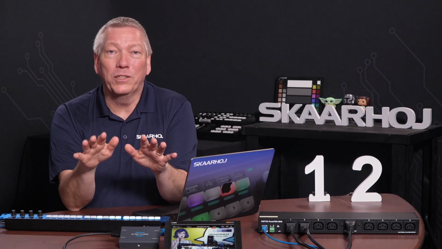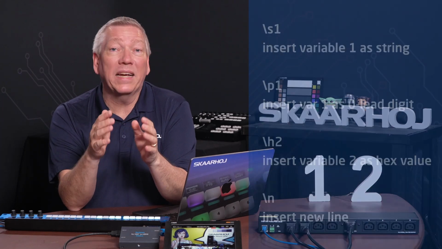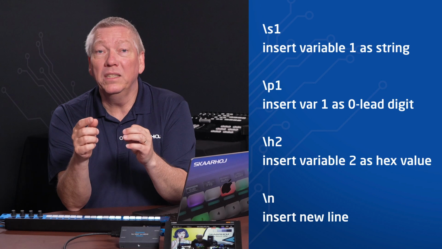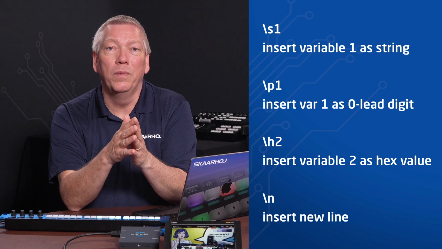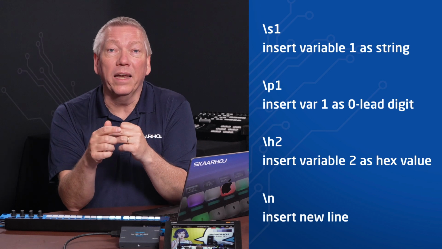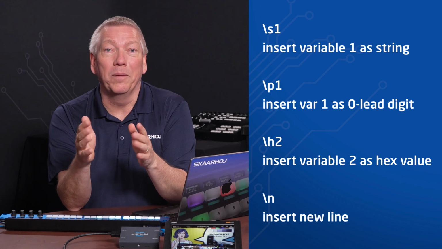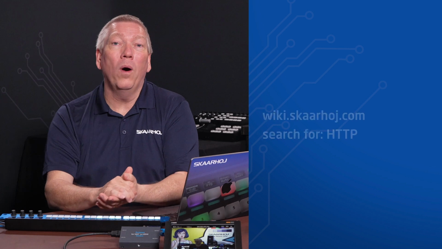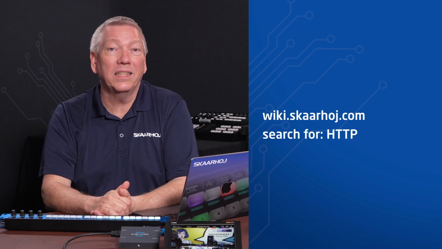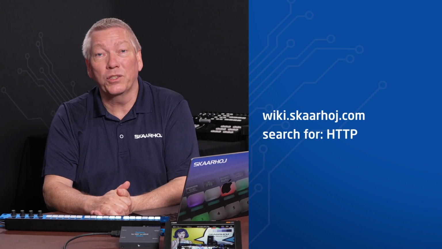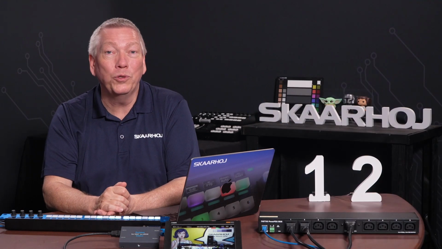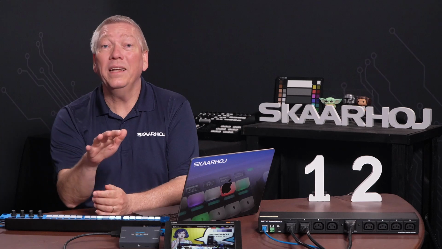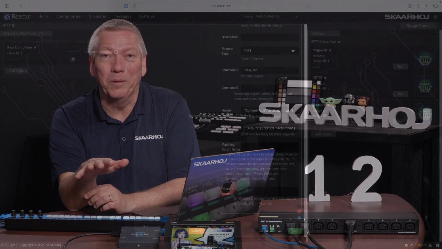There are other placeholders, for example \s1, which means insert variable 1 as a string value, or \n, which means new line. Please read more about this in our Wiki article HTTP Device Core. It has lots of information on how to use this core. You'll find a link to it in the description.